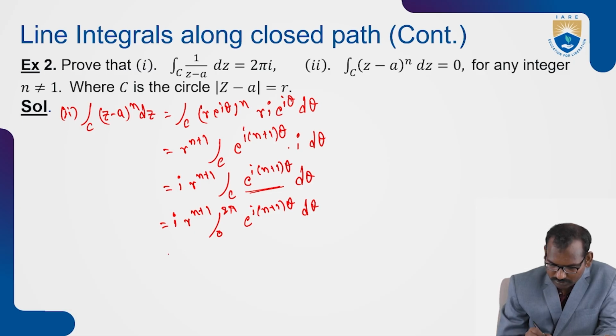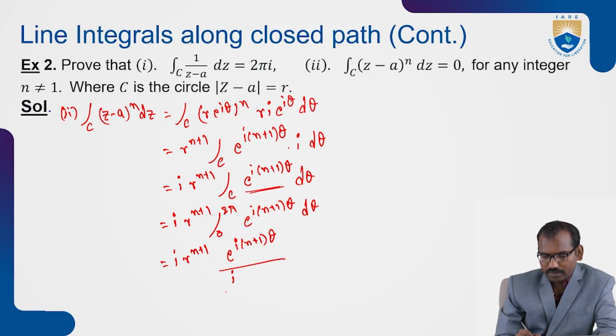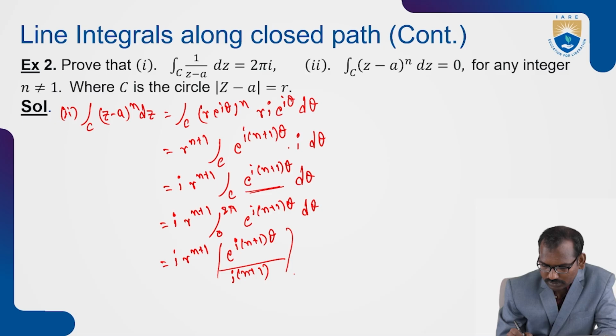If you perform the integration, what will we have? i r power n plus 1 times e power i times (n plus 1) times theta divided by i times (n plus 1), where theta goes from 0 to 2 pi.